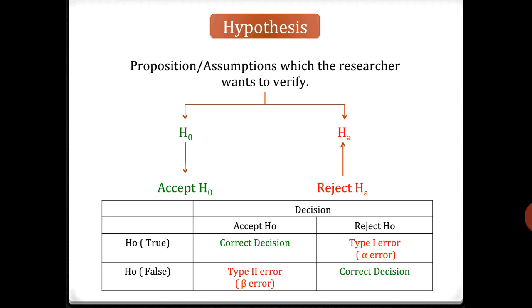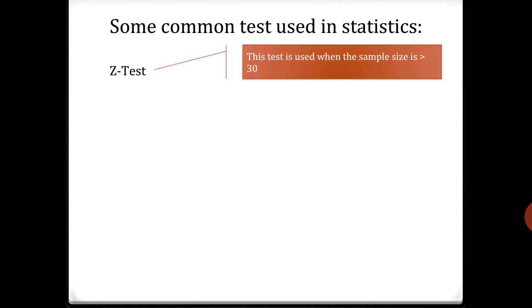In the second case, if the null hypothesis is false, then we have to reject the null hypothesis. When we are rejecting it, it is called a correct decision. If we are accepting the null hypothesis when it is false, then it is the type 2 error, which is also called a beta error.